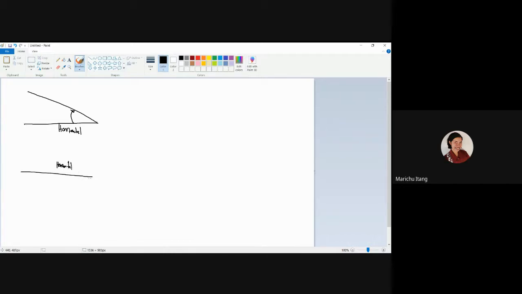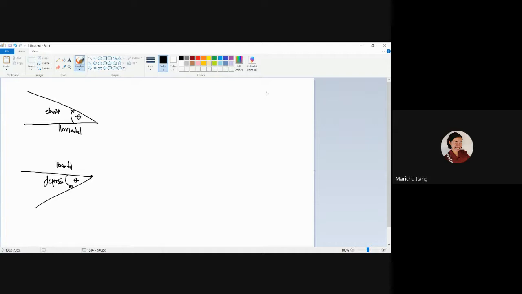And then the angle of depression is measured from the horizontal, where this is the observer's eye, going down. So this is the elevation, and this is the depression, right? This is the angle of depression, and this is the angle of elevation.